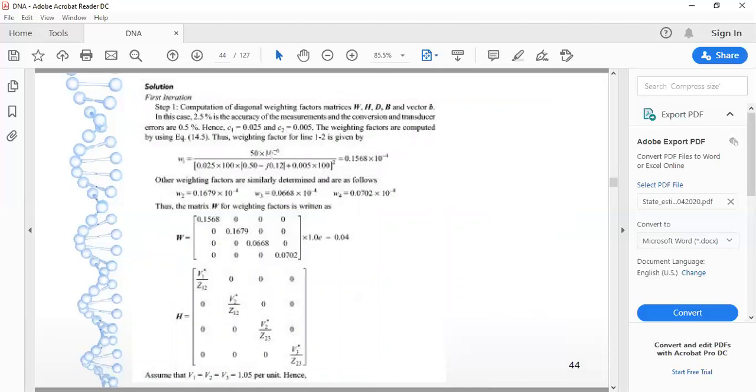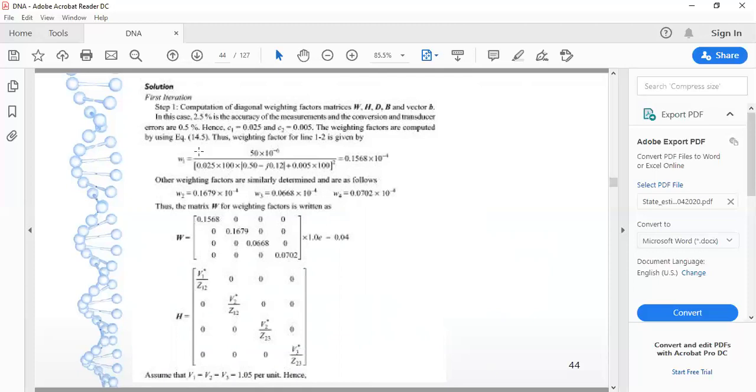It is 50 into 10 raised to minus 6 into C1 into the value, minus C2 into full scale deflection. If we substitute C1 equals 0.025 and C2 equals 0.005, then this will be the equation for W1.